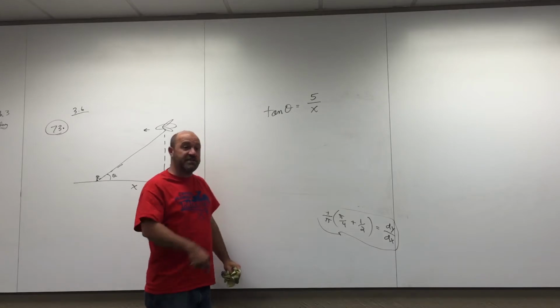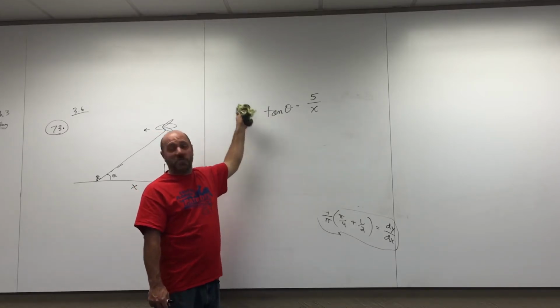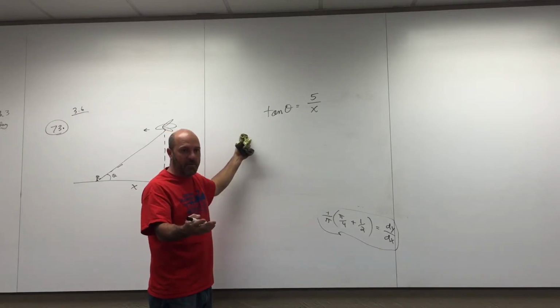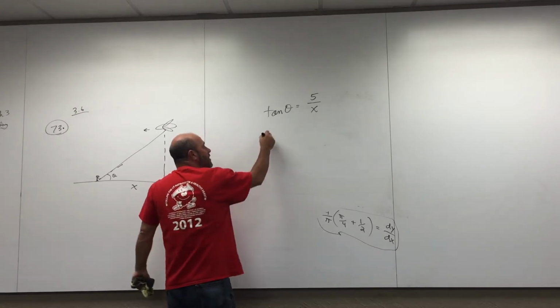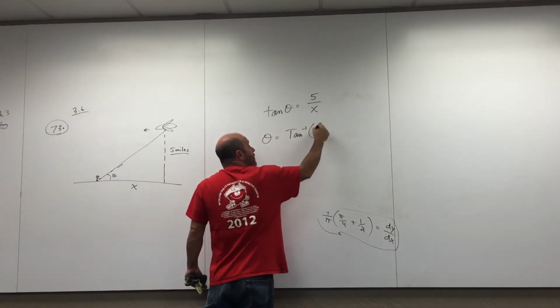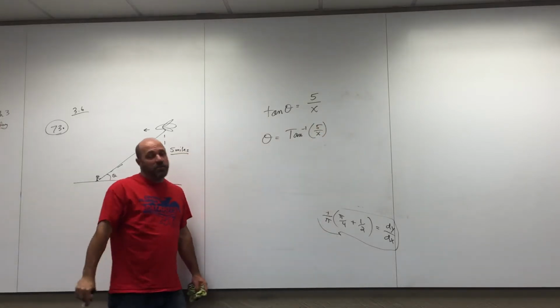Another way to approach it is let's do the tangent inverse of both sides. The tangent inverse will kill the tangent. That's a good way to say it, to help you get theta by itself. So theta is the tangent inverse of 5 over x. Listen, one more time, I hope you shouldn't be confused.